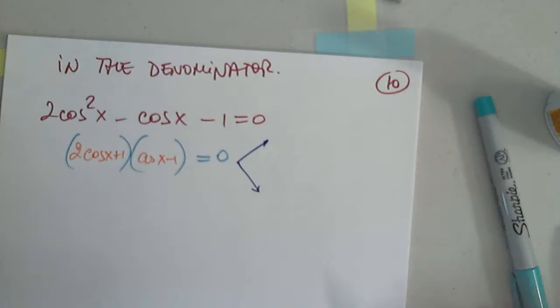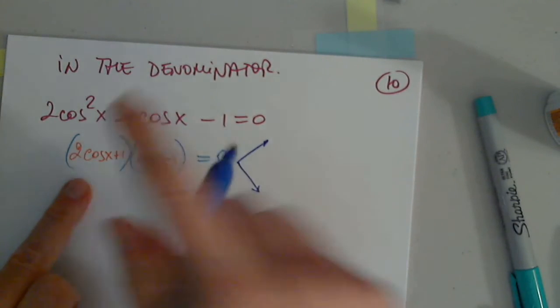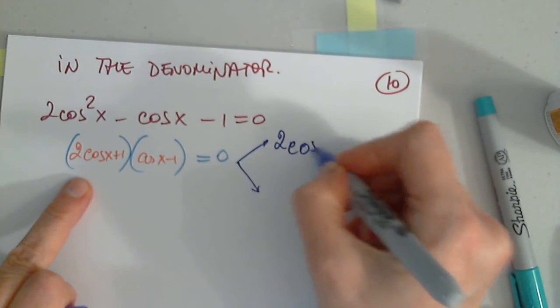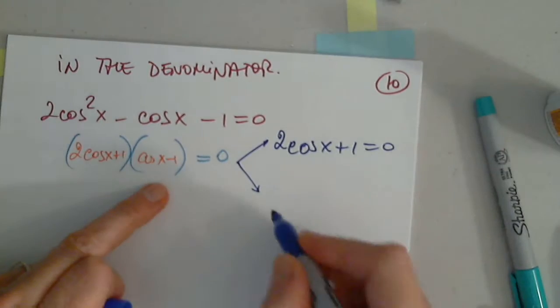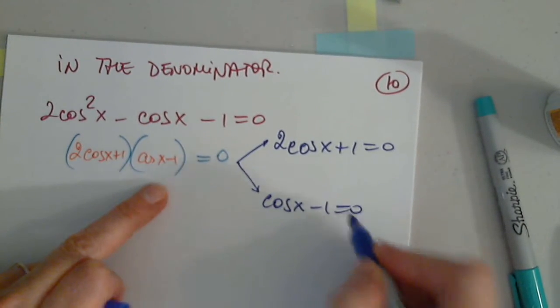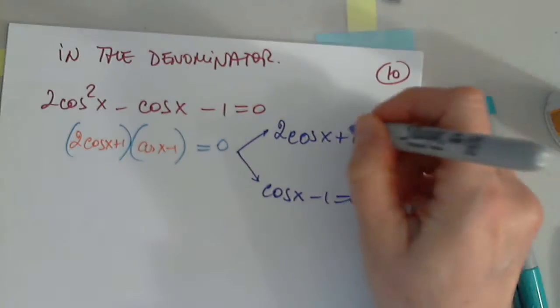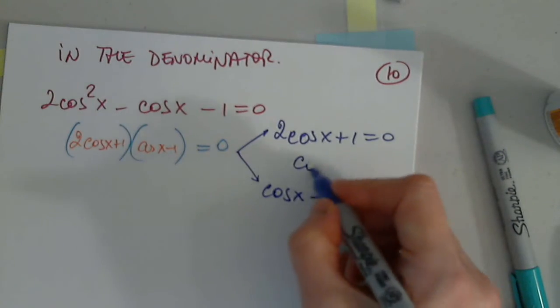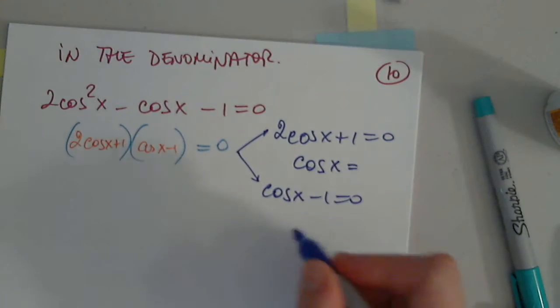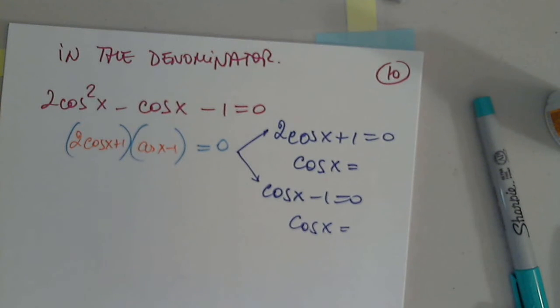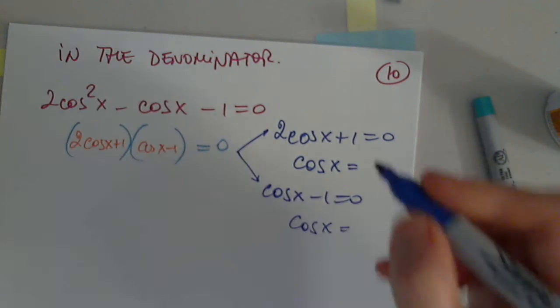Okay, so what are the two possibilities? The first factor 2 cosine x plus 1 could be 0, or cosine x minus 1 could be 0. From here, we move 1 and divide by 2. What is the option for cosine? And what is the option for cosine here? Cosine x equals negative 1/2.